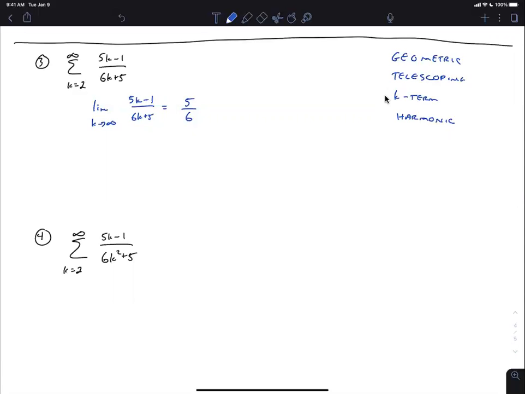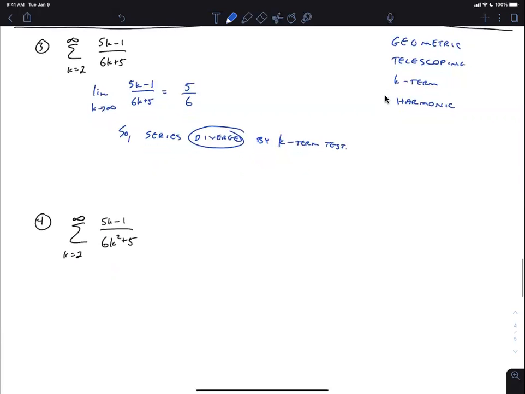So what does the series do? It diverges because it's going to infinity. You add 5/6 plus 5/6 plus 5/6, that goes to infinity. So the series diverges by the K-term test, or the test for divergence. Does that make sense to everybody? That's good. Okay, question 4.